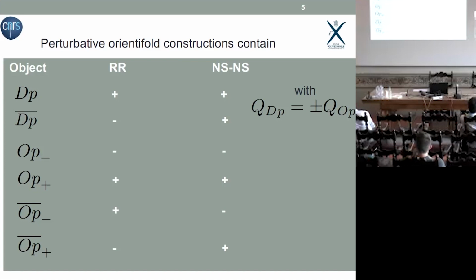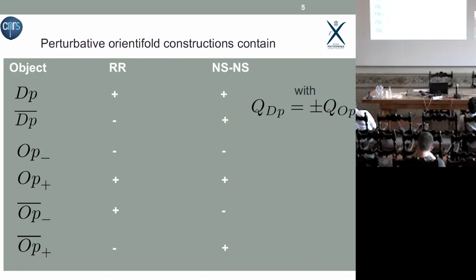But the standard ones are this O-, with negative charge and negative tension, whereas the exotic ones, which will be the most important for us today, are called O+, which look like a brane, with positive tension and positive charge, but they're still non-dynamical.